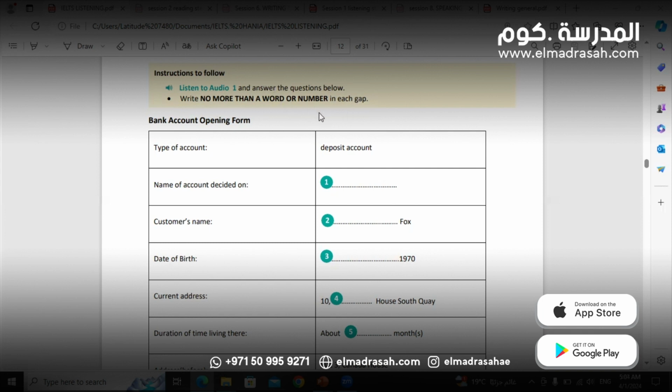So if the question tells you that you should write no more than 1 word, you should write only 1 word in each gap. You should follow these instructions very well, because if you don't follow them, you will be scored negatively. Also, you should take care about your spelling and grammatical mistakes. Even if you commit a spelling mistake in 1 letter, the answer will be incorrect.